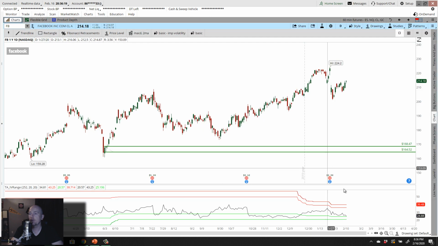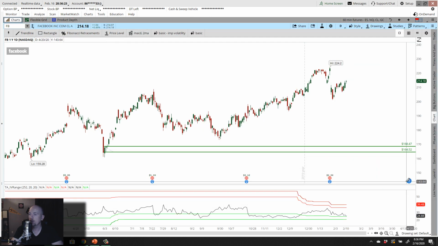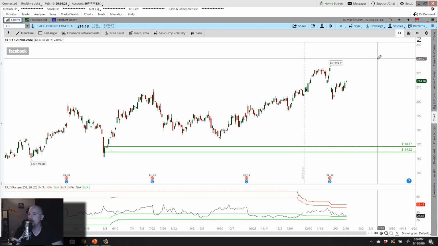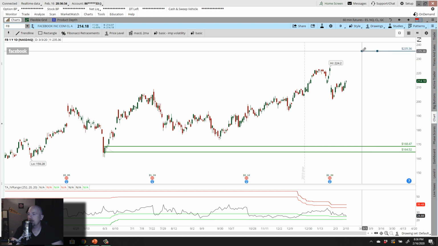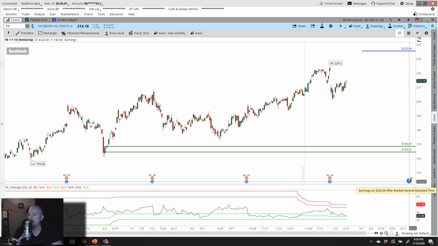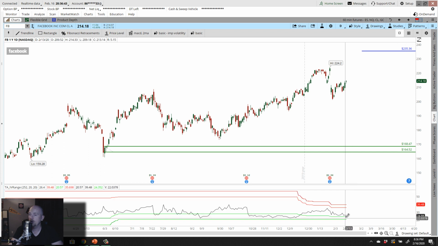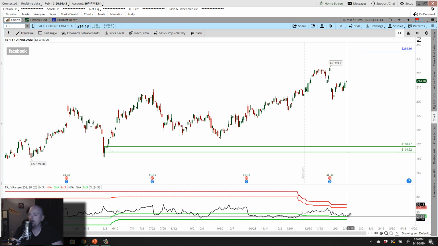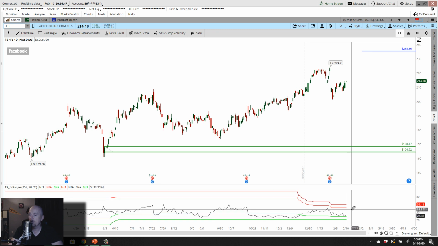So let's figure out what this option is going to be worth on April the 20th. Let's say my price target is 235 on April the 20th, which would be before earnings, assuming volatility goes up from 24 to 34, so a 10% increase in volatility.